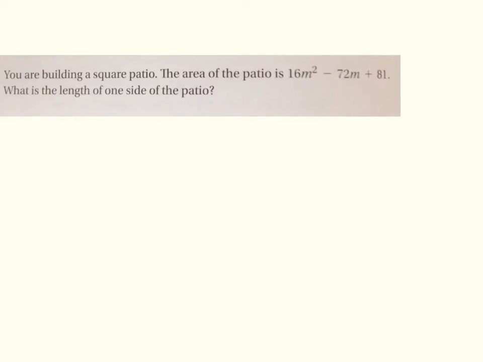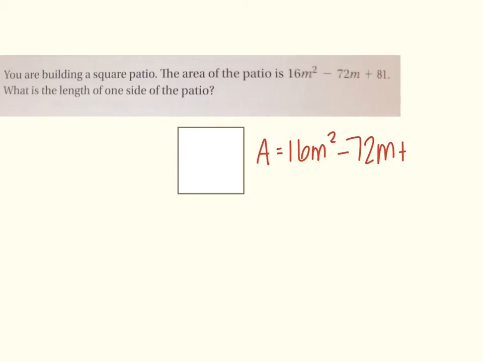One more question. You're building a square patio. The area of the patio is 16m squared minus 72m plus 81. So it's a square. And the area is 16m squared minus 72m plus 81.